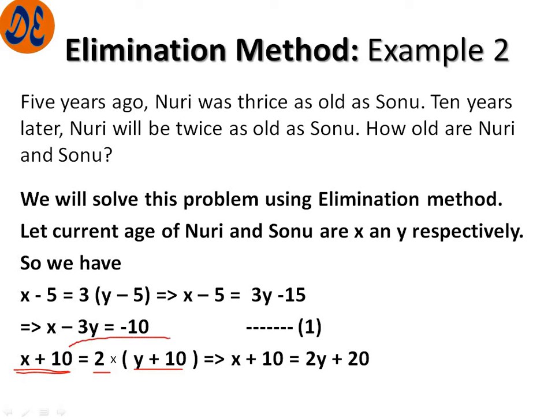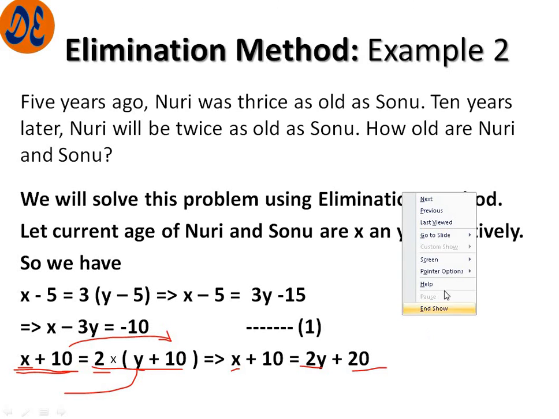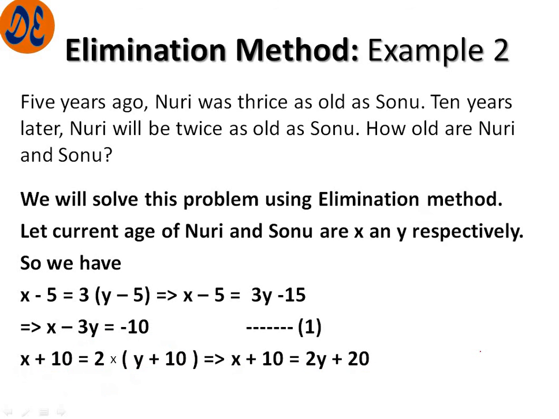So if we bring this one to this side and y to this side, 2 into y is 2y, and 2 into 10 is 20. Now if you solve this one, we get x minus 2y is equal to 10.